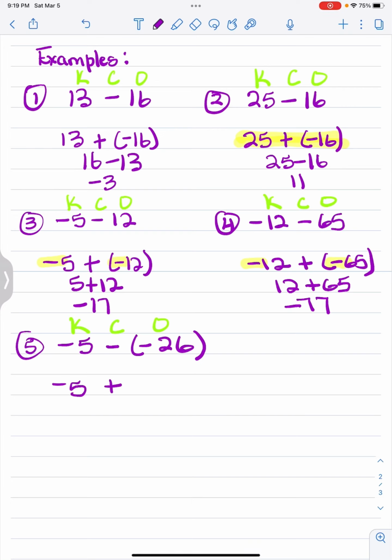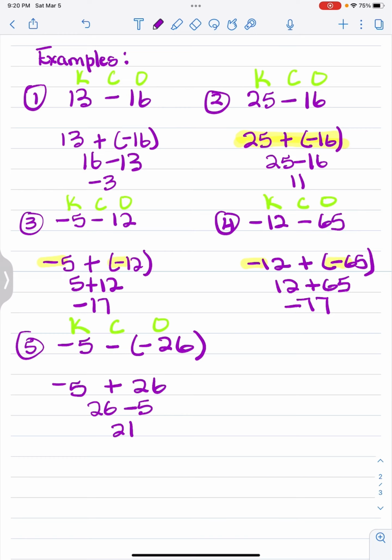Now we use the rules of adding integers. 26 minus 5, and that is going to give me 21. Remember, keep the sign of the larger absolute value, which is positive. So my answer is positive 21.